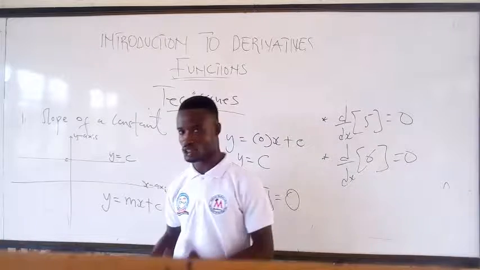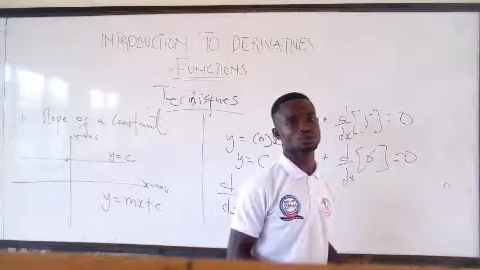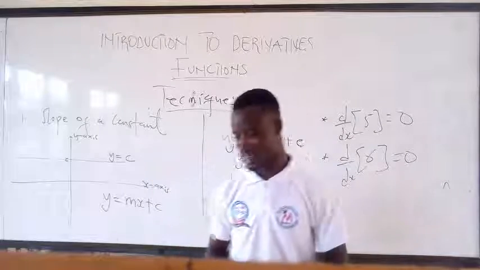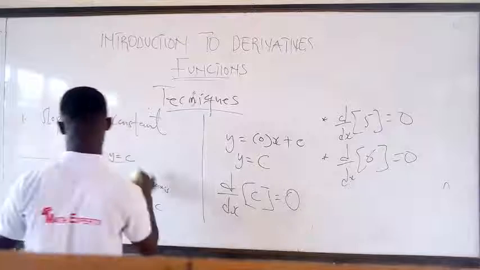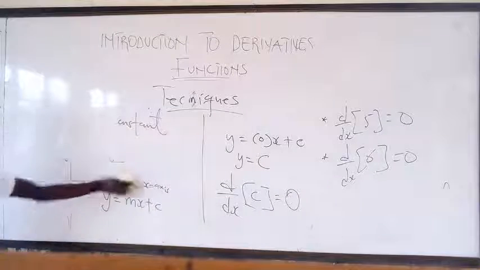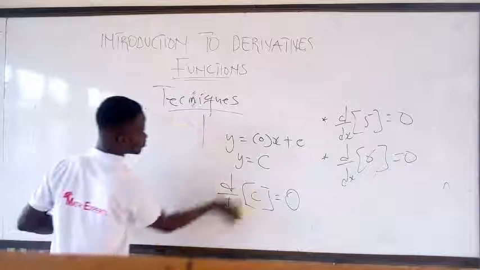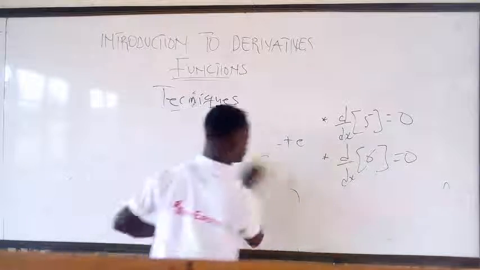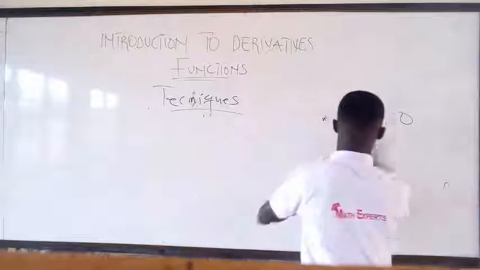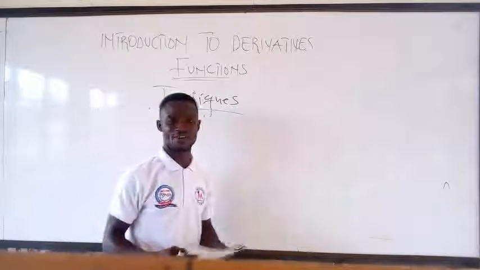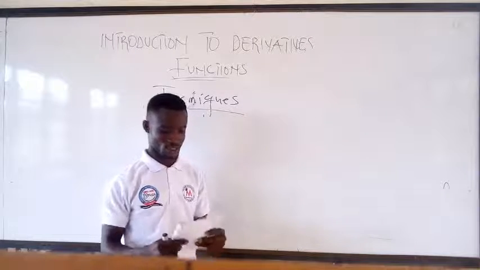Alright, so let's see another technique, that is how to take the derivative of a polynomial function. Then after that we come to sum and difference of polynomial functions. Then we go our way. Alright, so we are still on the techniques. Alright, so let's continue.